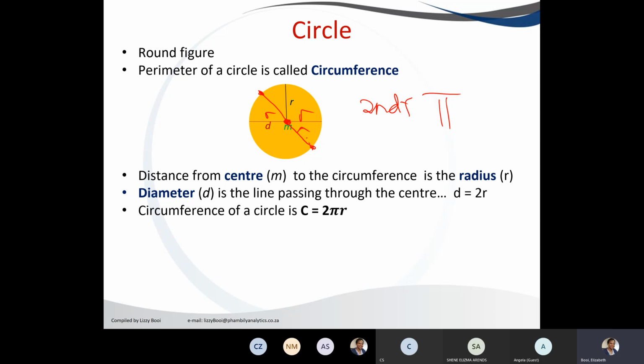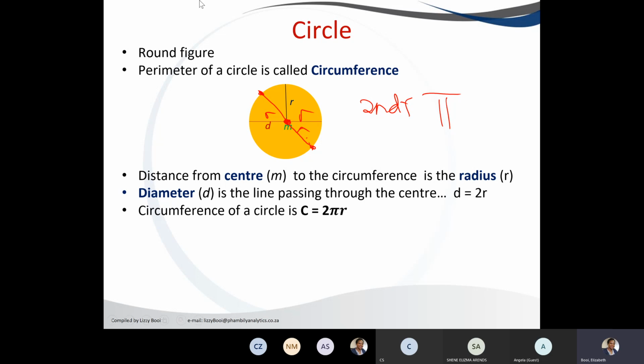When you calculate any measurements, please do not use 22 over 7. You must use the pi function on your calculator to calculate this. So you will say 2 times second function closed bracket for those who are using the financial calculator to call up the pi function. You must use that to calculate.